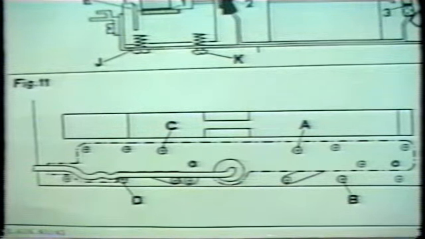Okay, now the screws that we adjust that were shown as J and K are also now shown in figure 11 here as C and D on one side and A and B on the other side.